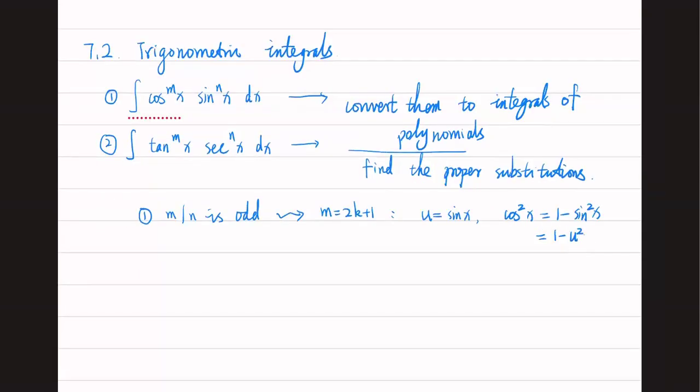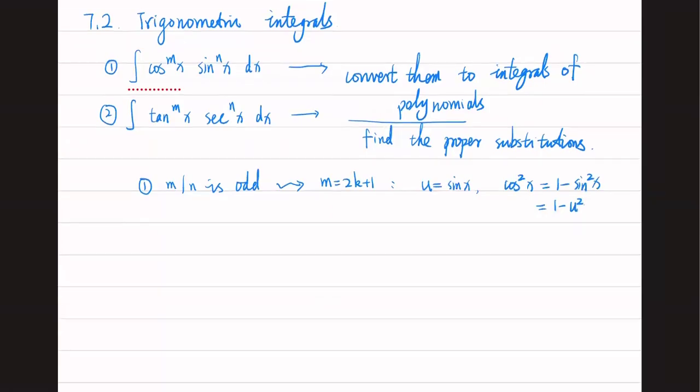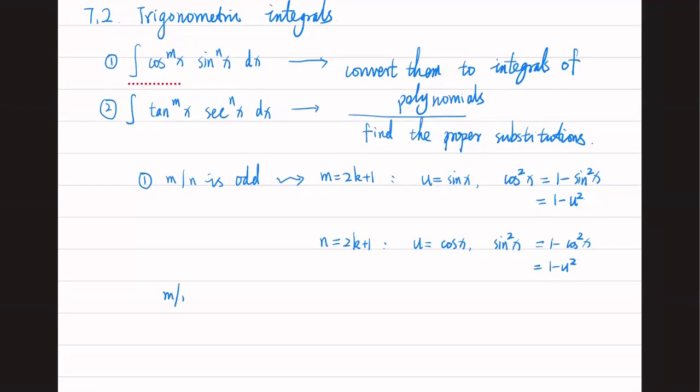If n is odd, if both are even, we use trig identities. All of them are even. Double angle formula.